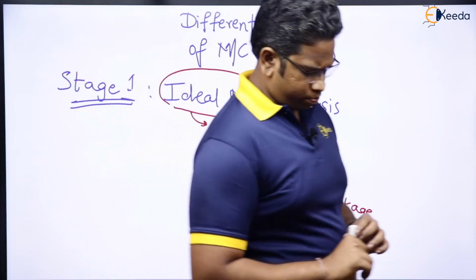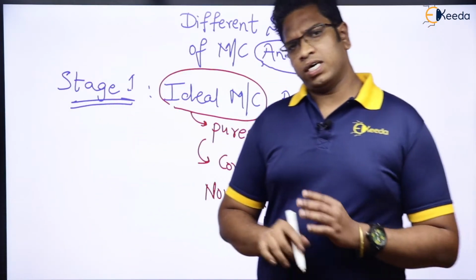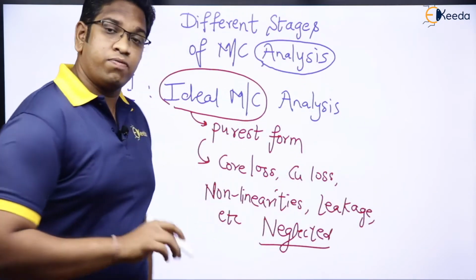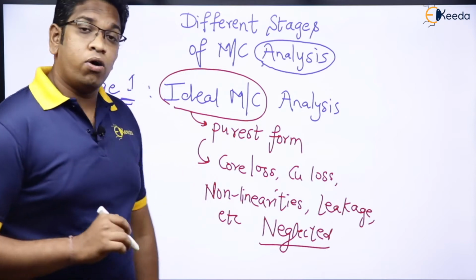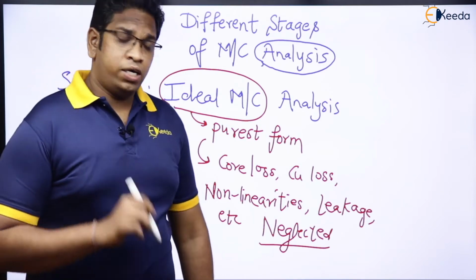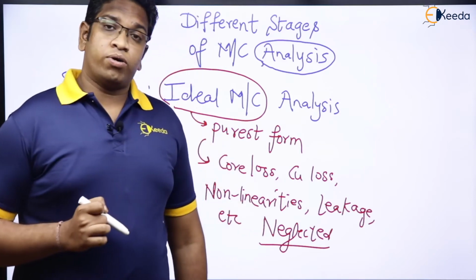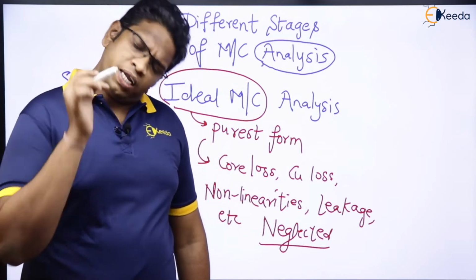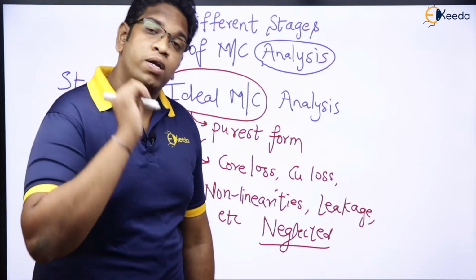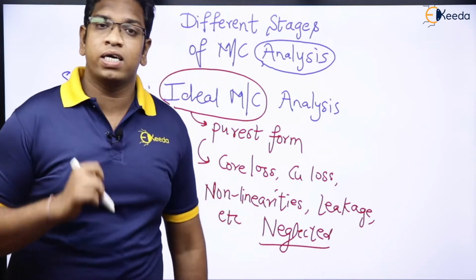But now the point is, any physically existing machine will have these parameters, will have some core losses, some copper losses, some non-linearities. Then should we neglect them? Do we have the right to neglect those particular losses? No, because they exist in the machine. Who are we to neglect them? We cannot neglect them.